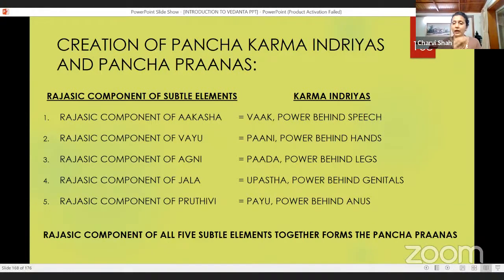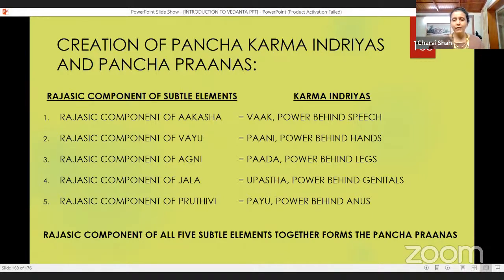Same way the karmendriyas are backed up by the rajasic components, the Kriya Shakti. And the rajasic component of all the 5 subtle elements together, all the 5 Sukshma Pancha Mahabhutas together, form the Pancha Pranas. So idhar tak humne dekha last class.